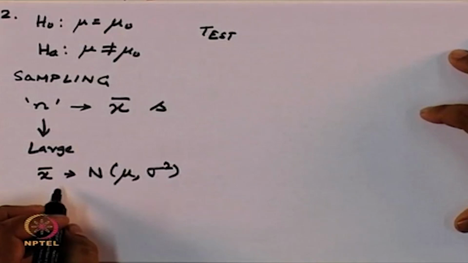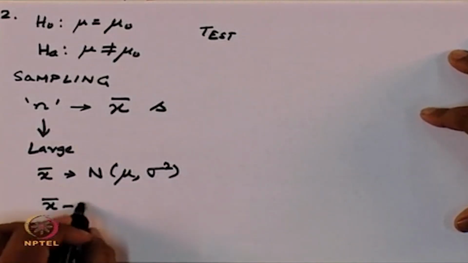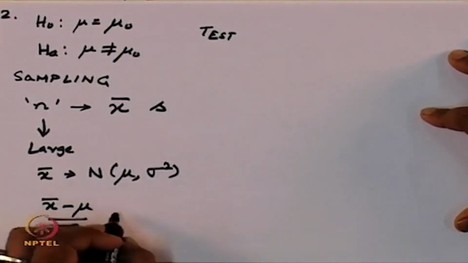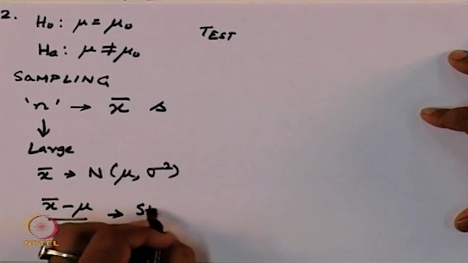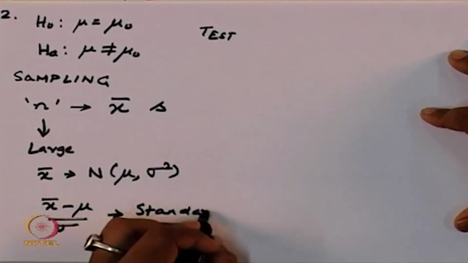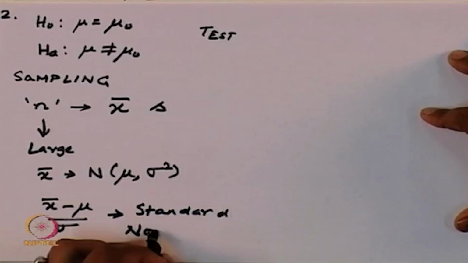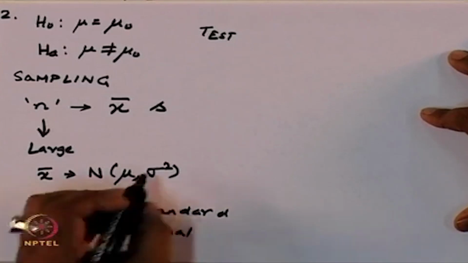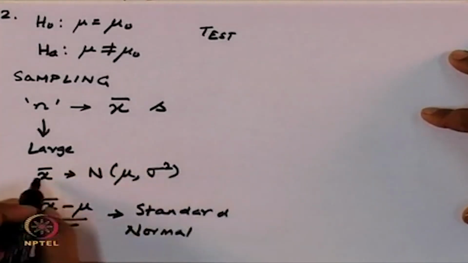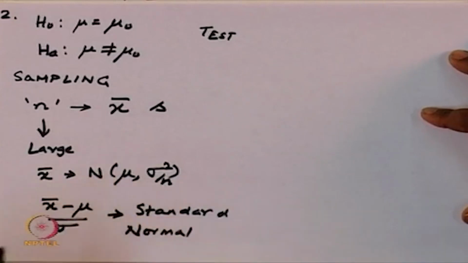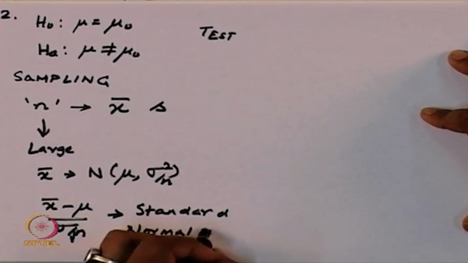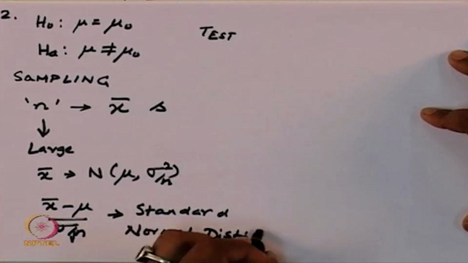So, if x bar follows this, then x bar minus mu by sigma by root n should follow a standard normal distribution.